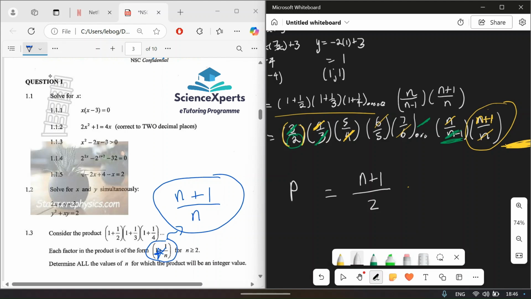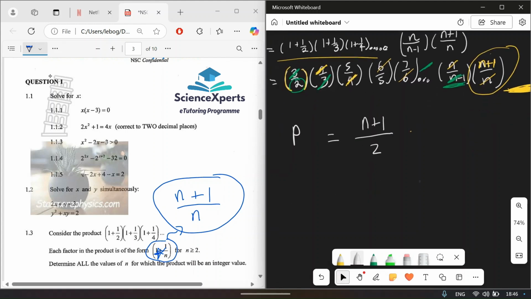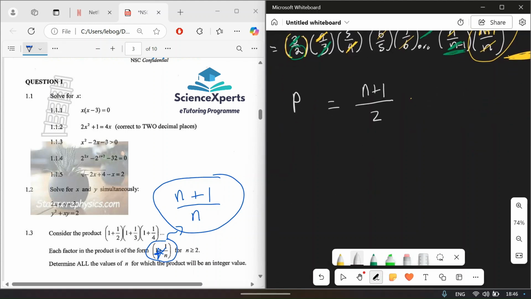The question says, for which values of n will this P value be an integer that is bigger than 2? So let's do a trial and error. Let's substitute 2, because they said n can be bigger or equal to 2.